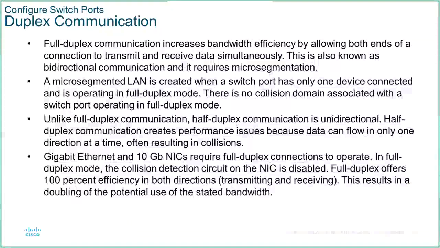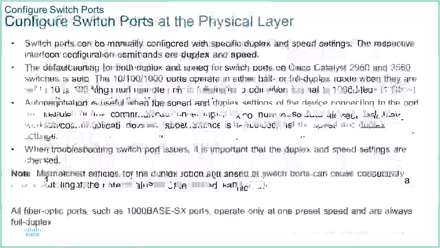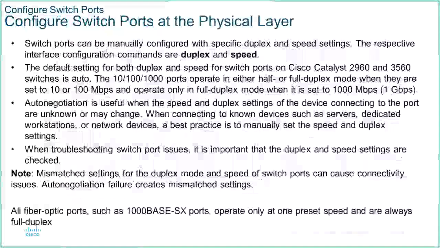It's easy to resolve that. You just go to one end and manually set it to the appropriate speed and duplex setting, and that will stop the flapping that you get with misconfigured duplex. And there you go. Top line, set it manually. It's all done.